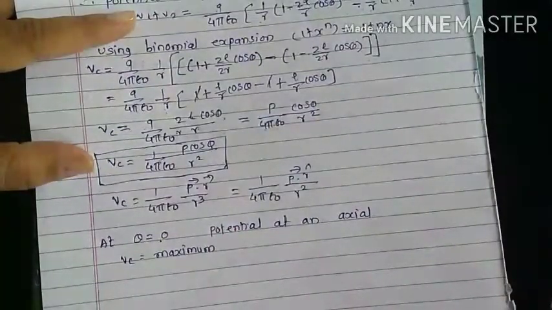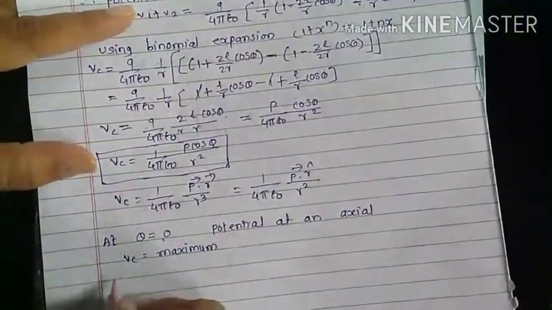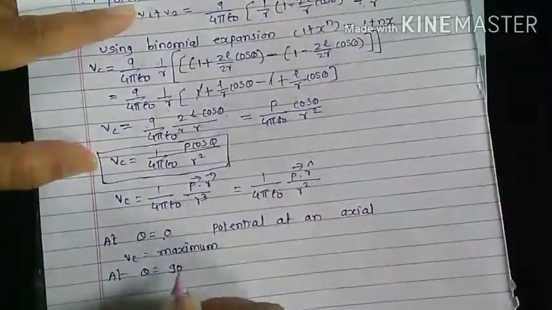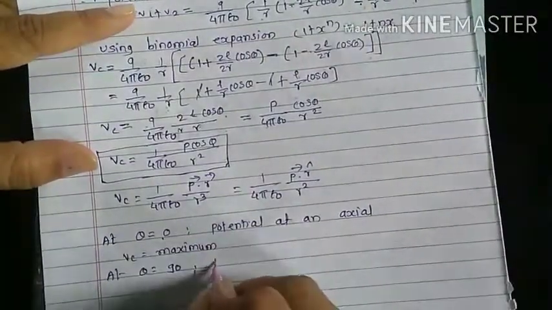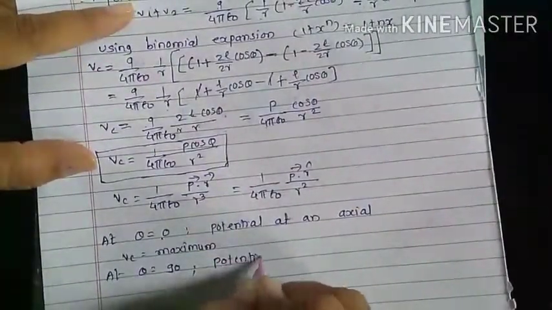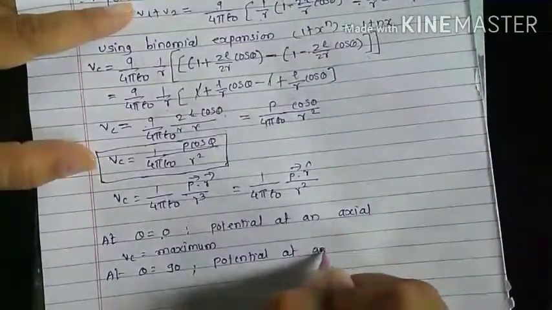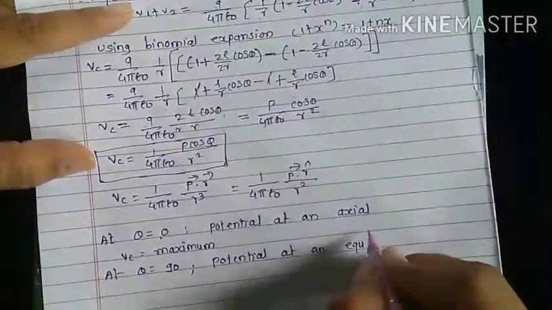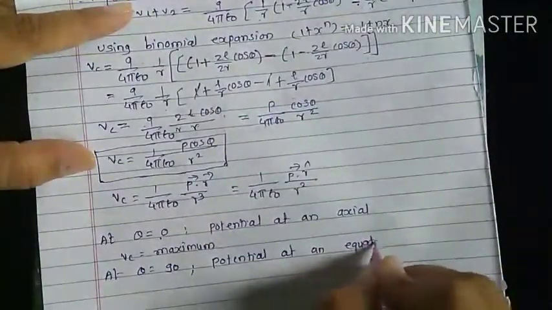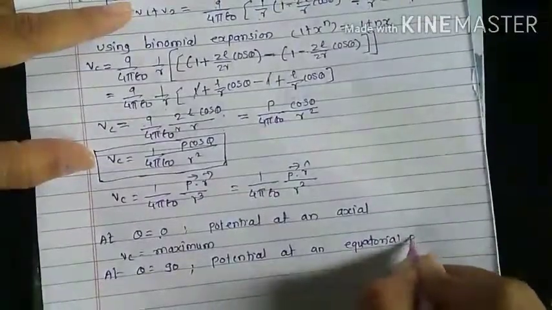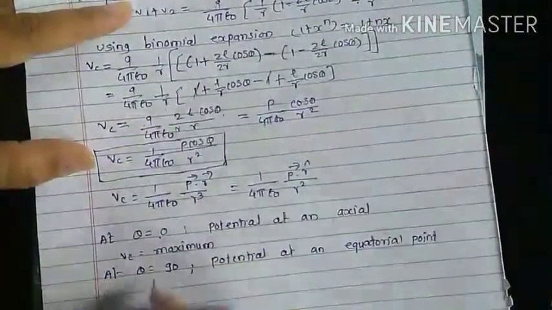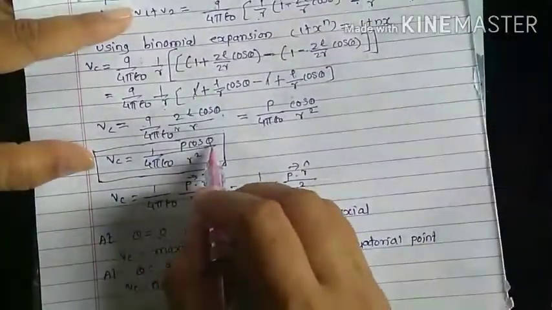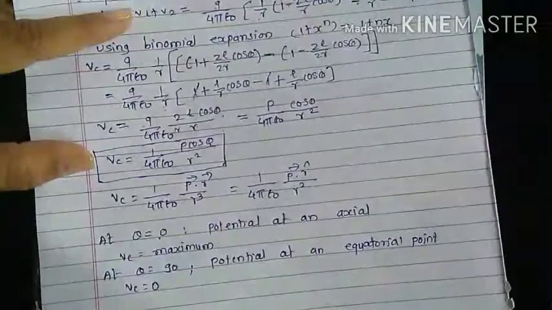At theta equal to 90 degrees, the potential at an equatorial point will be 0 because cos 90 is 0.